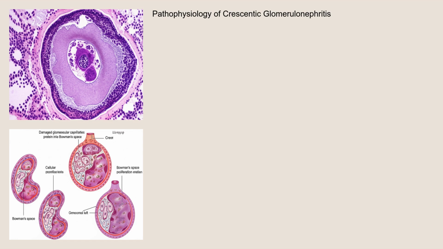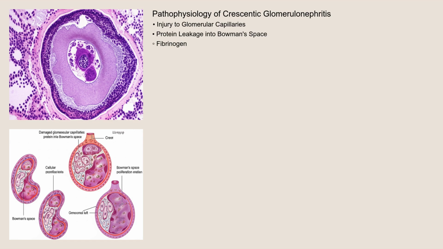Let's break down the pathophysiology. The key event is injury to the glomerular capillaries. This injury allows proteins, including fibrinogen, to leak into Bowman's space, the space surrounding the glomerulus. The leaked fibrinogen then stimulates the proliferation of parietal epithelial cells, which line Bowman's capsule. These proliferating cells, along with infiltrating monocytes and macrophages, organize into a crescent-shaped structure that compresses and eventually obliterates the glomerular tuft.